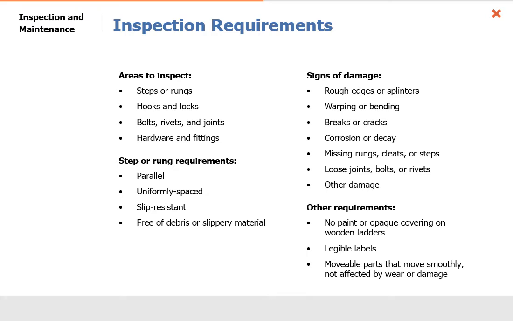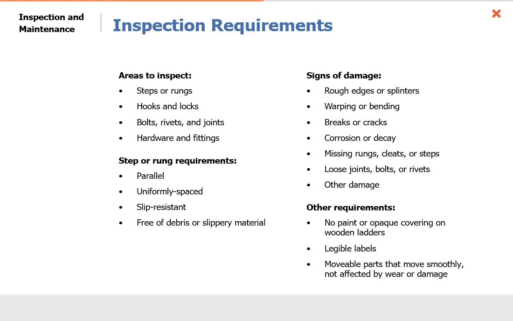Some of the areas to inspect are the steps and rungs, hooks and locks, bolts, rivets, and joints, hardware, and fittings. Step or rung requirements: are they parallel, uniformly spaced, slip resistant, free of debris or slippery material?